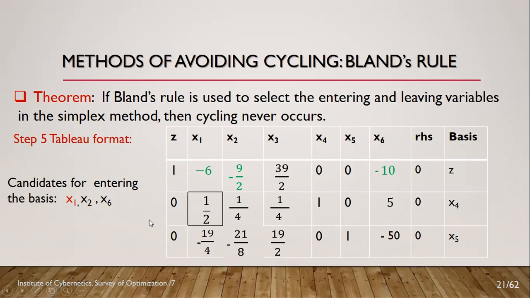Then, as for the leaving variable, the only candidate is x sub 4. We do not have any choices, just because 1/2 is the only positive coefficient, so we do not really need to choose. By applying the standard simplex method steps, we obtain the following table.